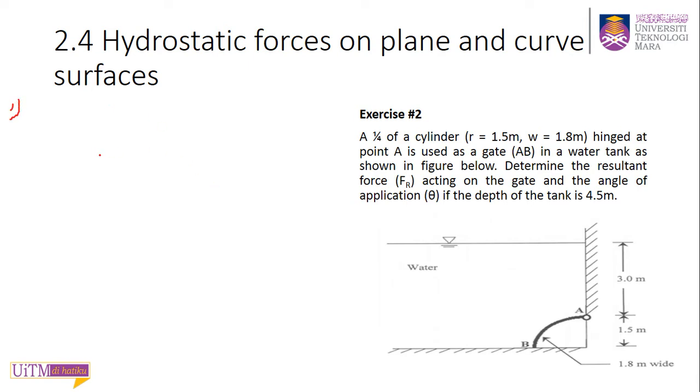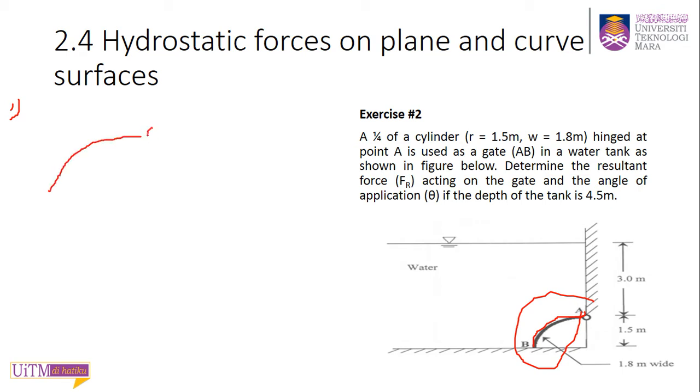Tell me whether the fluid is above the curve or below the curve. Above, sir. Okay, the water is above the curve, so this is the curve, right? So we take out this curve section, and we need to draw a free body diagram. We draw again.